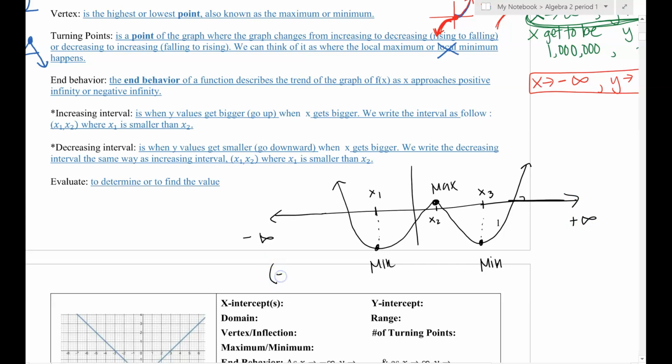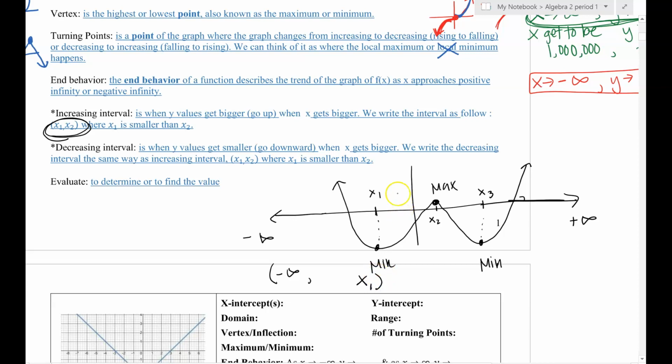The first interval, and remember we always write the interval from small x, comma, big x: negative infinity, comma, x1.